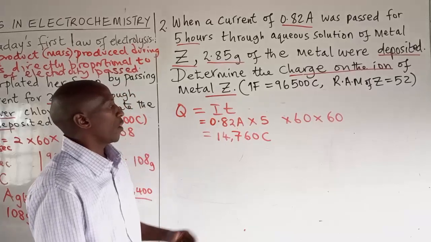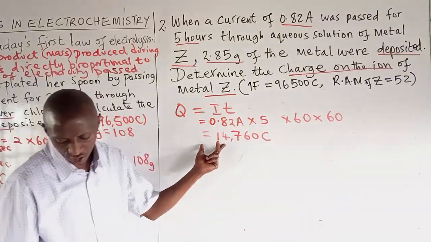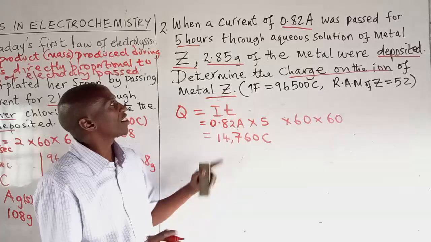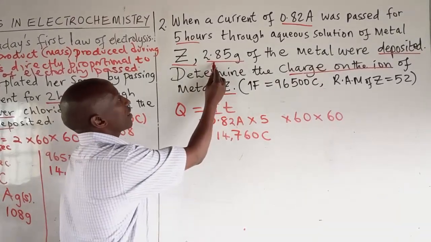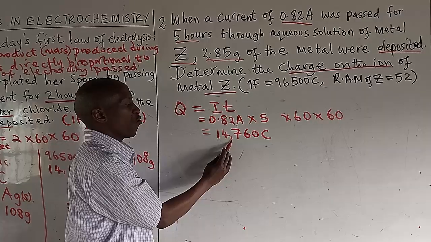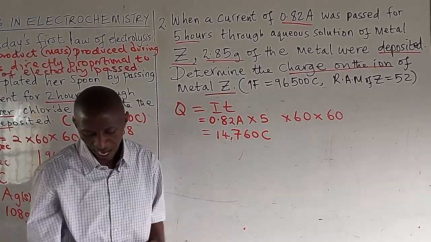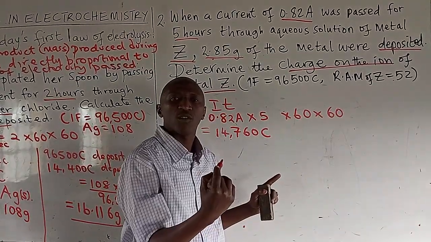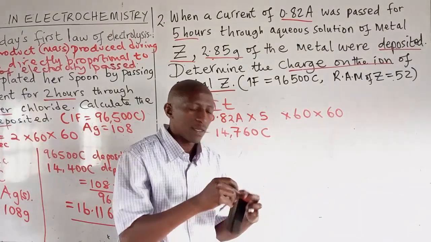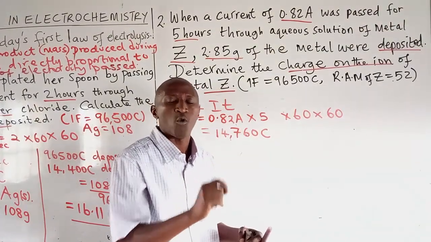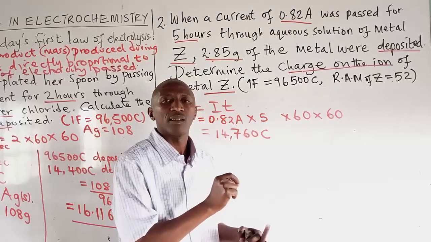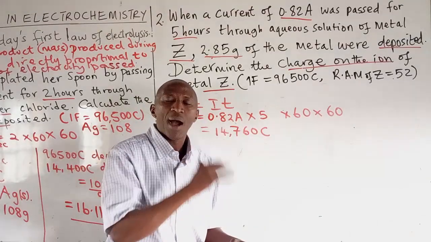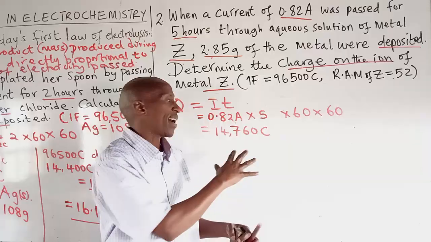Now, we move to part 2, and this part requires our understanding. Let us digest the question. This mass was deposited when this current was passed. We need to have a relationship with the RAM. In our previous question, we said RAM stands for the mass of 1 mole. So we can use this value to know how much current 1 mole would require to be deposited.